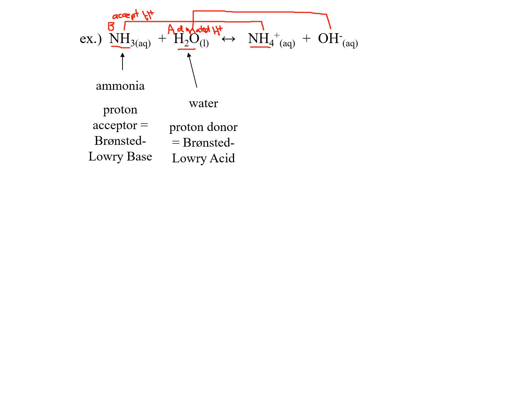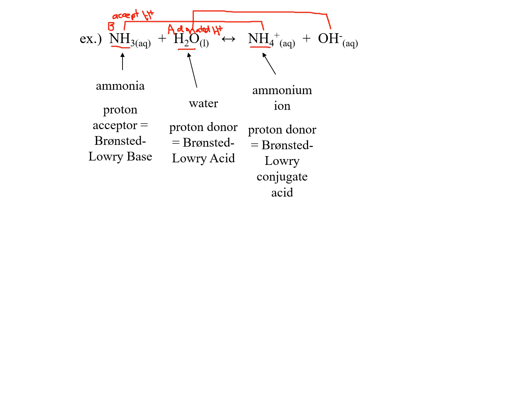Now, on the other side, these are always related. So NH4 positive is related to the NH3. If the NH3 was the base, then the NH4 positive has to be the conjugate acid, right? It turns out that now it has an extra H that it could donate back to the OH negative.